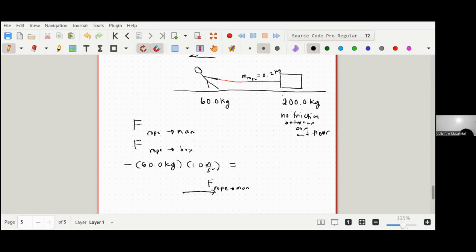Okay, so ganito. Ang gusto nating malaman ay ano yung force from the ground acting on the man? Anong direction muna? Forward or backward? Forward. Kaya, so, ganito?